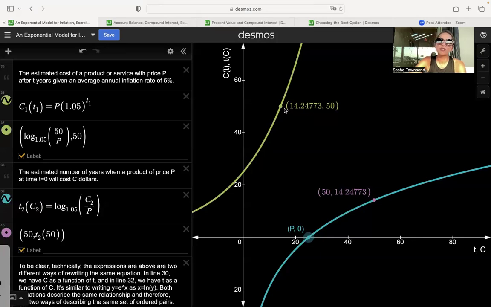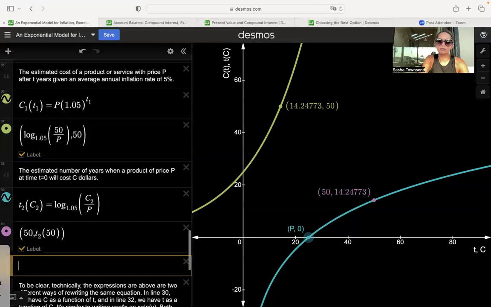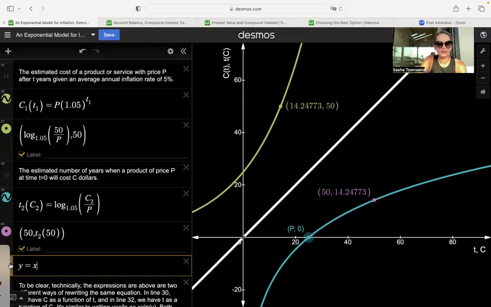But if we choose to use the vertical axis for t of c, and then the horizontal axis for c, if we choose to sort of switch how we are labeling that independent variable and the dependent variable, then it actually does turn into an inverse function where the ordered pairs flip and you see that symmetry across the line y equals x, like we talked about in our section on inverse functions.